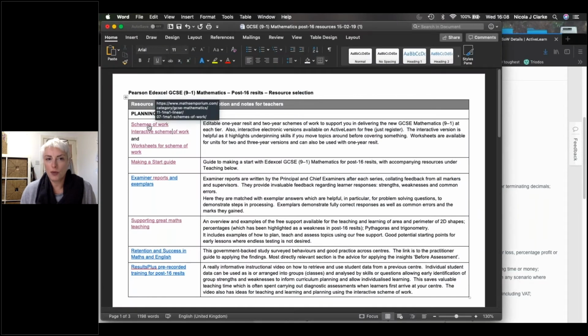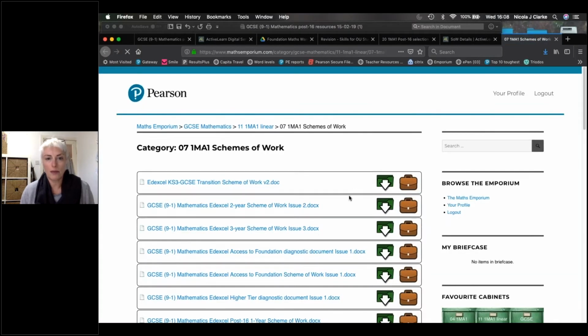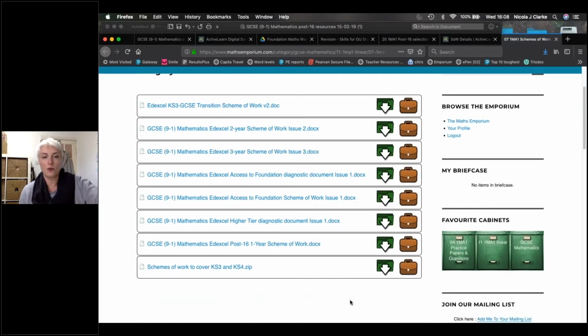We've got schemes of work, as I say, that are editable as documents. Some of us still prefer on paper, and this is all in Emporium, different lengths. There's a post-16 one here, different lengths. Some colleges and post-16 providers are moving to a 2-year scheme of work, so that, 2-year course before the resit.